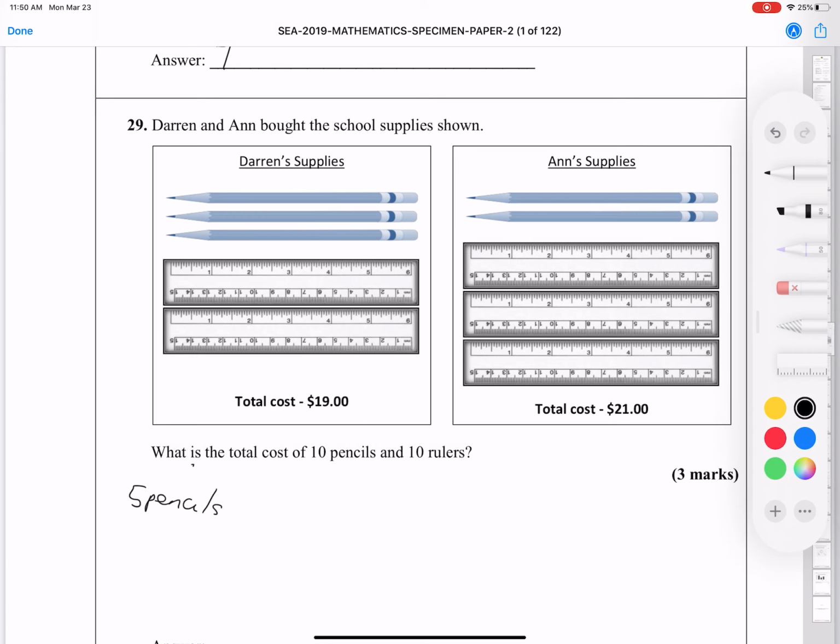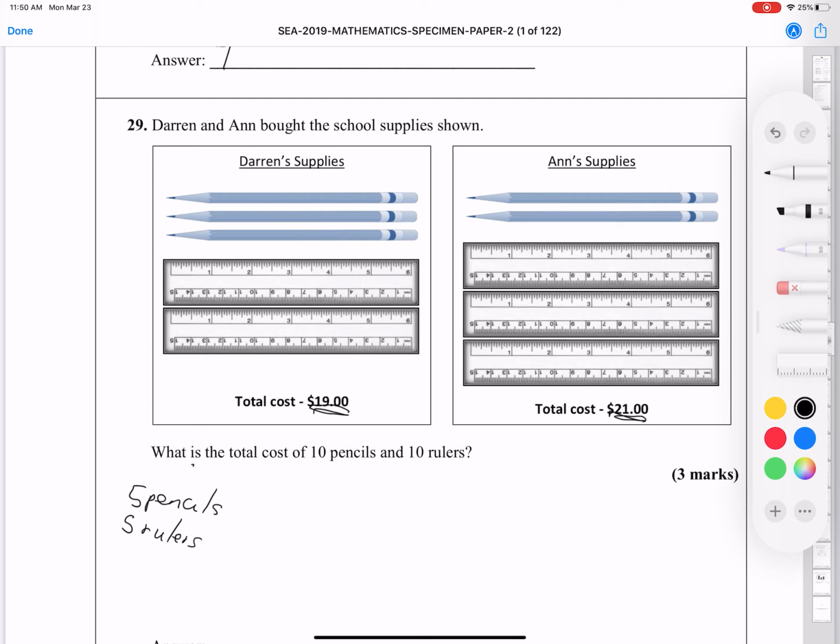And when you put Darren's and Ann's rulers together, you get 5 rulers as well. 5 pencils and 5 rulers. So if you find the cost of 5 pencils and 5 rulers, which is Darren's total plus Ann's total, times 2, then you can find the cost of 10.